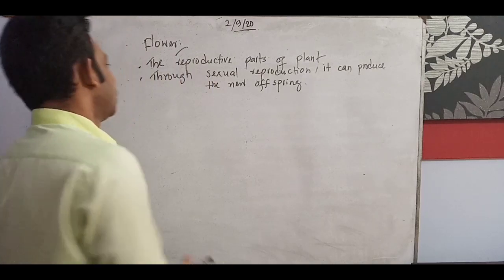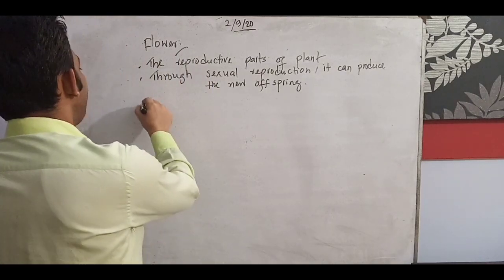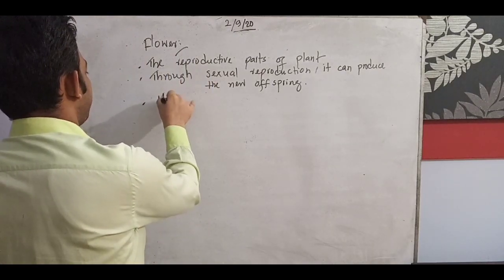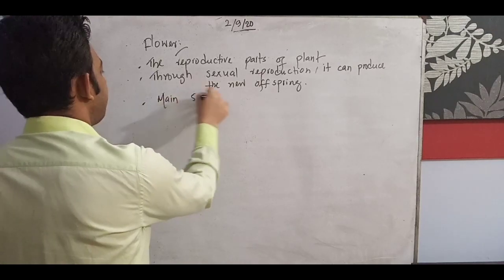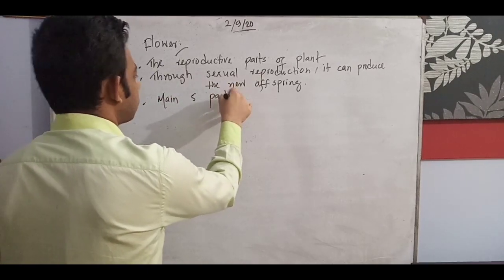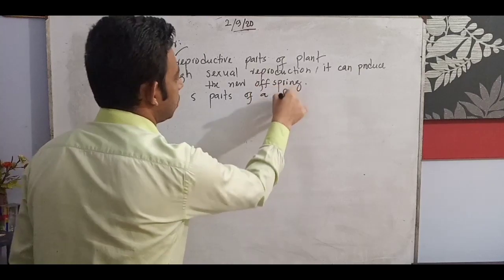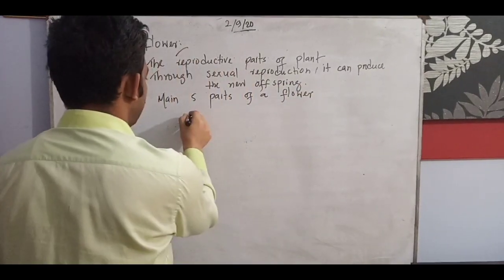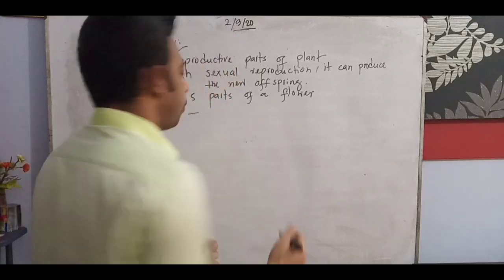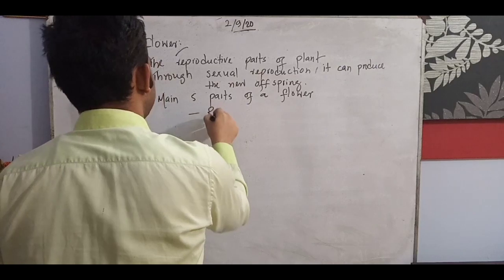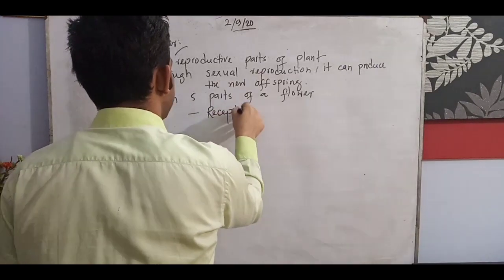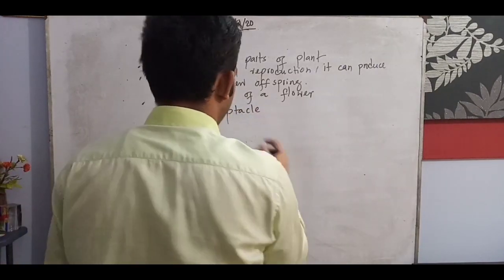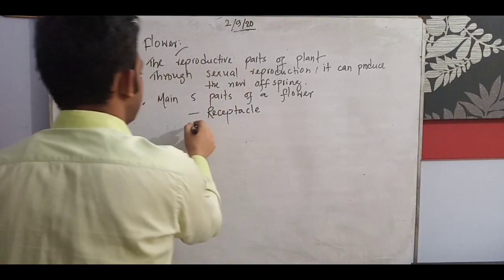Yes, of course, there are the main five parts of a flower. Like what we write, just from the very lower part: receptacle. I will draw the figure, then you can easily understand.